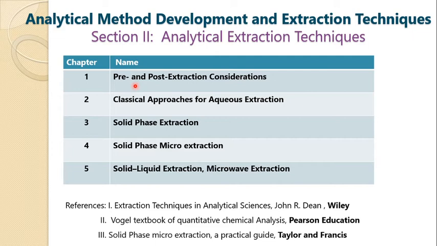In the second, classical approach for aqueous extraction, we learn about liquid-liquid extraction and its theory, in which distribution ratio and coefficient ratio, solute remaining unextracted, percent extraction, separation factors, factors affecting solvent extraction, quantitative treatment to solvent extraction equilibria, selection of solvent, problems with the liquid-liquid extraction process, and purge and trap for volatile organics in aqueous samples.